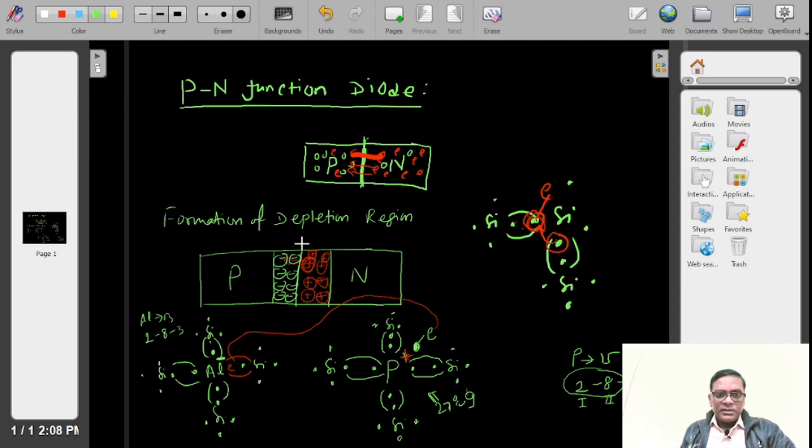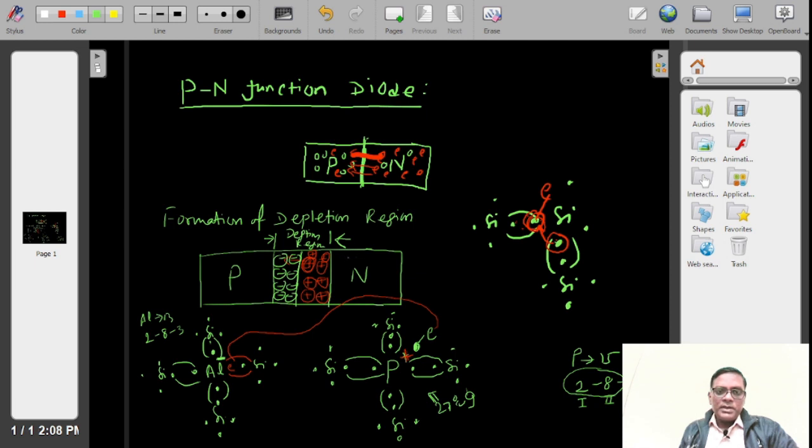This region, from this point to this point, is called the depletion region. Now we see why the process stops, why there is no further movement of charge carriers.